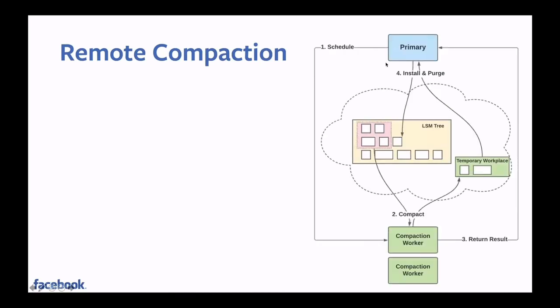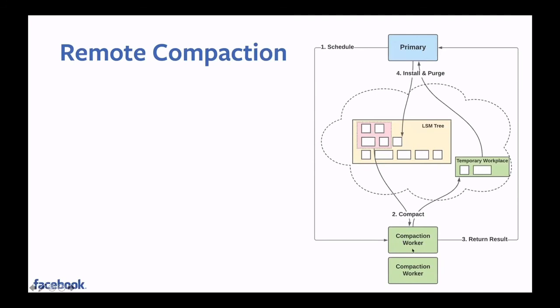The second improvement we want to do is remote compaction. So the basic concept is the primary RocksDB instance just issues the compaction command and which files are to be compacted. Then at the remote site, close to the storage, the compaction worker will just gather the information and do the compaction.